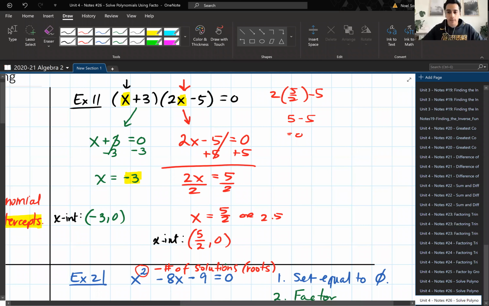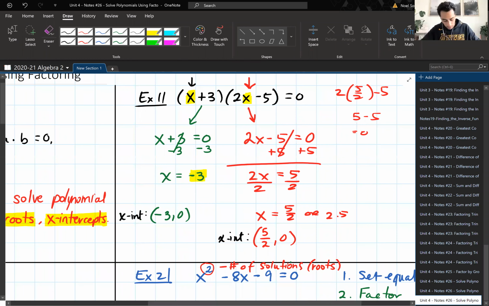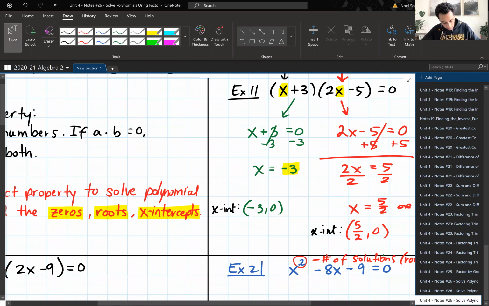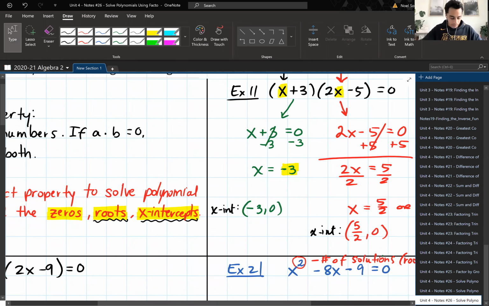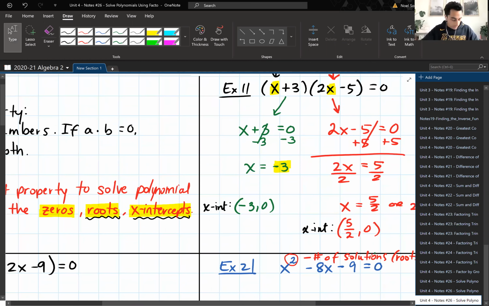Depending on the book or depending on the teacher or instructor, there are various names. They could be called x-intercepts. They could be called roots. So if you ever see, find the roots of the polynomial, they're basically asking you to find the x-intercepts of the polynomial. If they ask you to find the zeros, that means the same thing as x-intercepts, right?